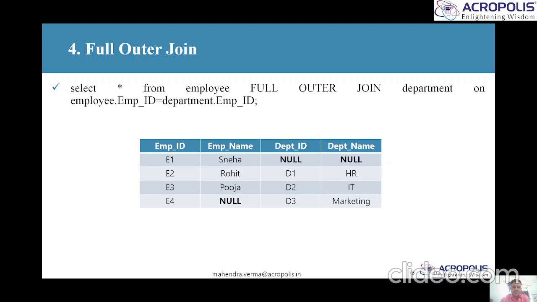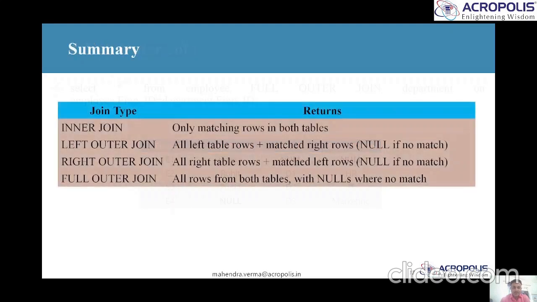So let us summarize all the joins at once. Inner join will return only the matching records in both the tables. Left outer join will provide us all the records from the left table and matching records from the right table, and of course we will get null if no match is found. The same is applicable to the right outer join.